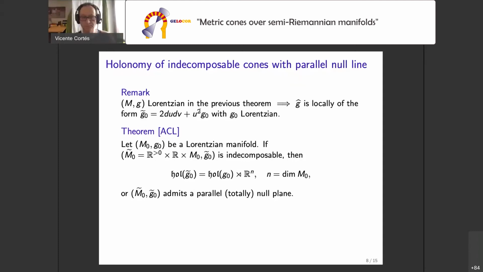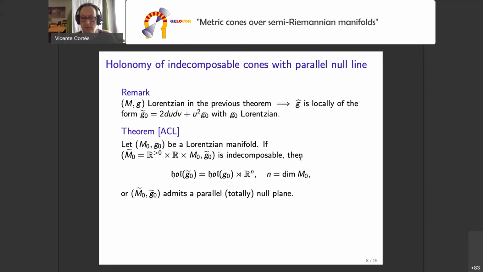It's a warped product where this part UV is two-dimensional, and we assume that this manifold is indecomposable. Recall that this was exactly the normal form for the cone. So the cone metric is of this type, and we assume it's indecomposable.